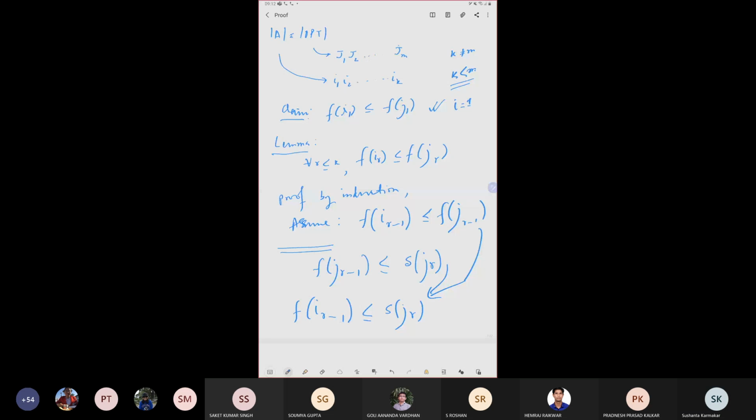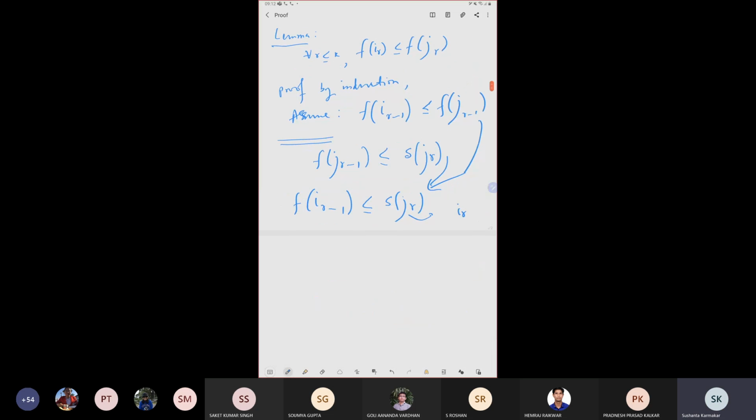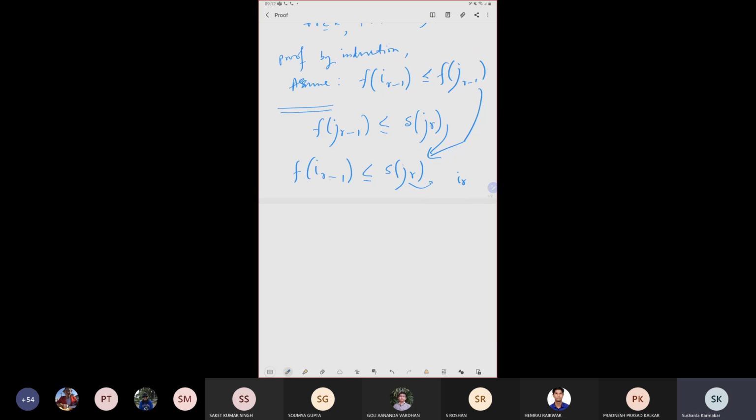But incidentally, our algorithm did not choose JR. Instead, it somehow chose IR. Right? So they are still compatible. This R minus 1 and JR, they are compatible. And IR minus 1 is compatible with R, of course. But somehow, instead of our algorithm choosing this JR, it chose IR.